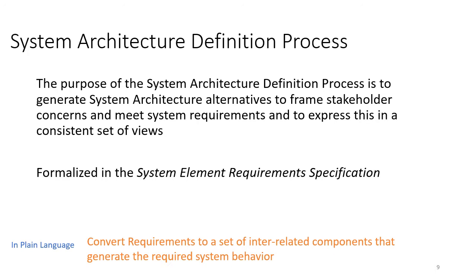So the result of this process is the system element requirement specification. So in plain language, we're going to take your requirements, the system shall fill in the blank, and come up with a set of interrelated components that generate the required system behavior that will subsequently lead to a design that will lead to implementation.